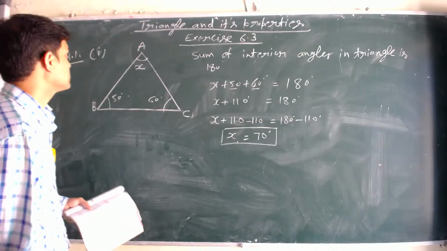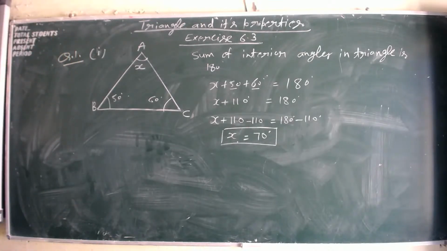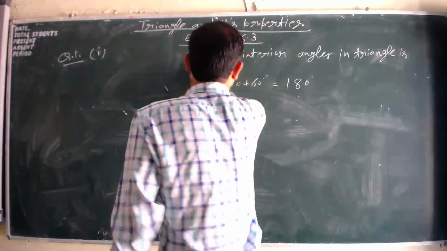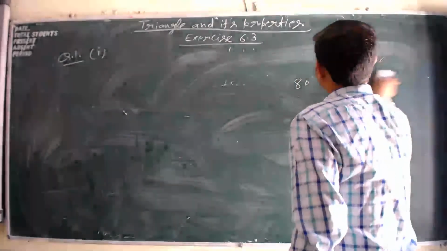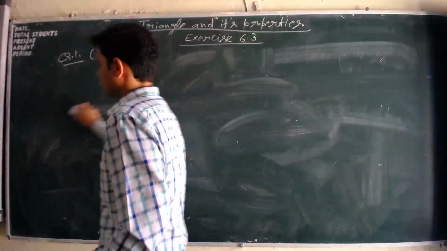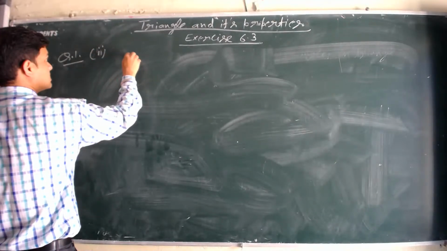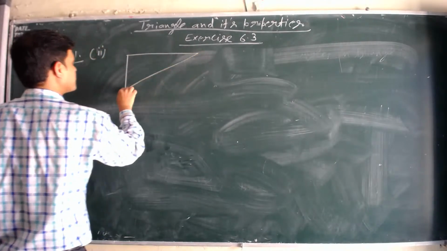Next is the second part of this question. In the second part, we have a right angle triangle with vertices P, Q and R according to this figure.